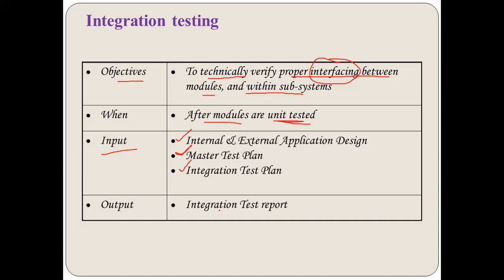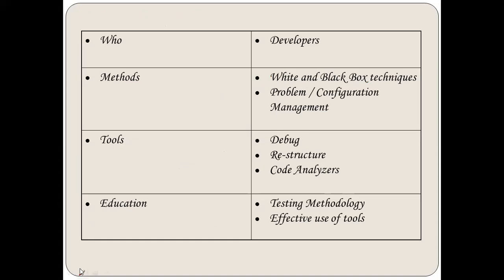What output do you get? You get the test report of integration. Now, who does it? Again, this can be done by the developer, and the software tester can also take up this particular role because by this time the tester is also well aware of the concept behind the code, right?